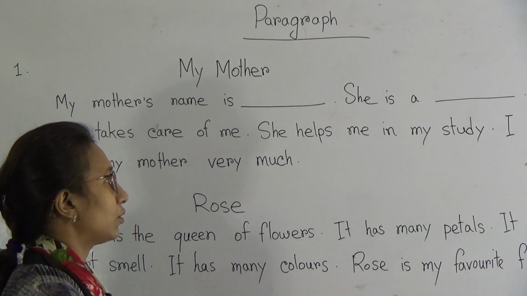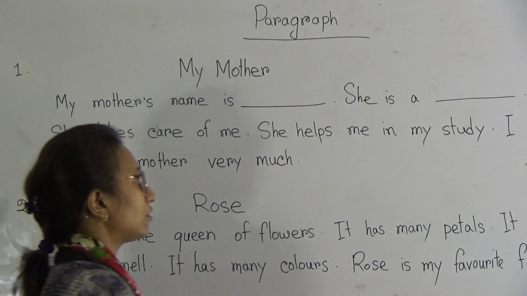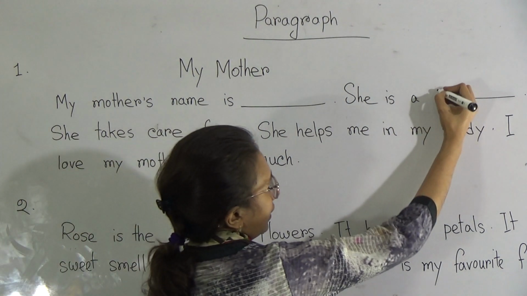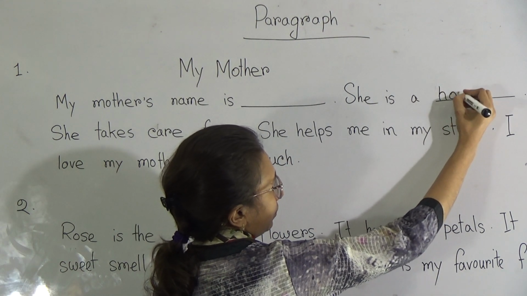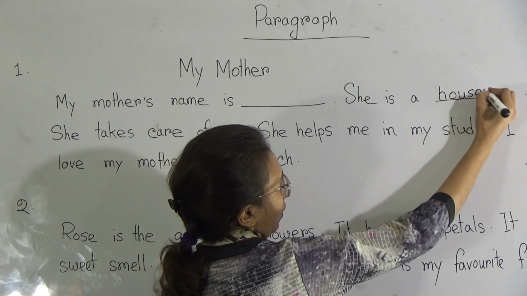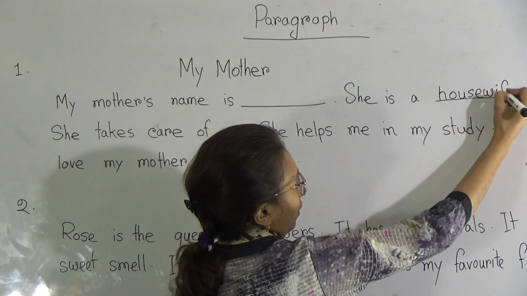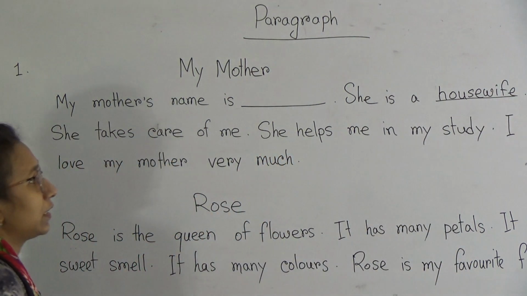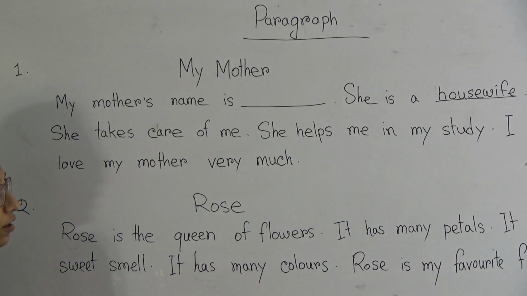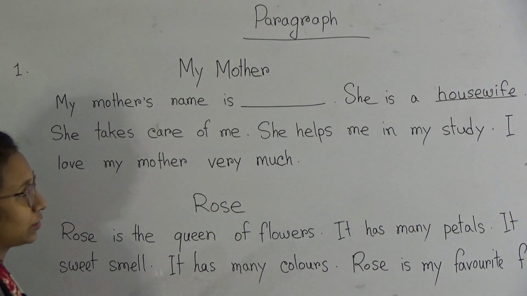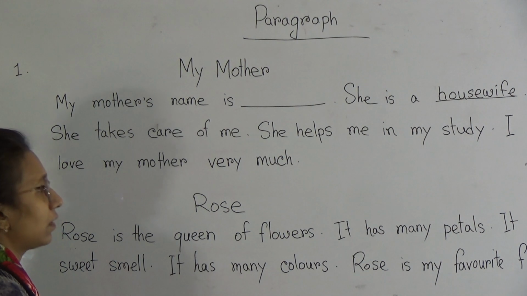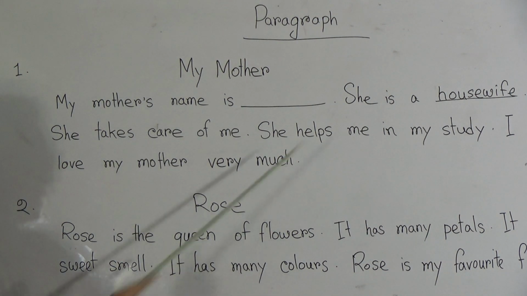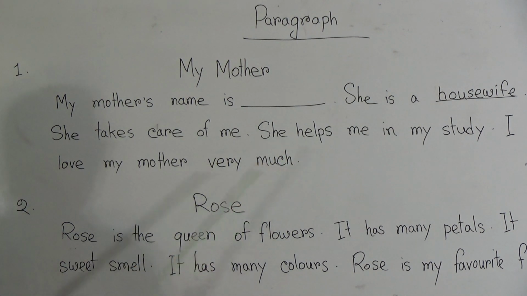If she is a housewife, you can write here housewife. If she is a teacher, you can write she is a teacher, or she is a doctor. So you have to write here your mother's profession.